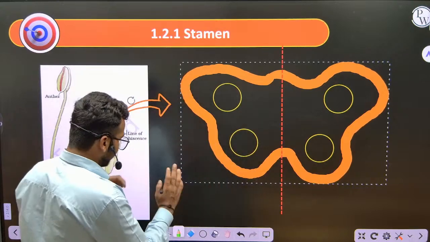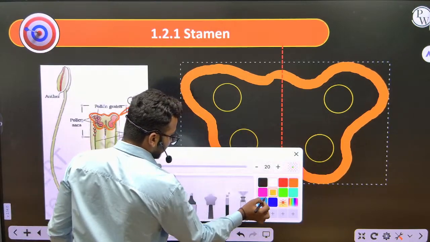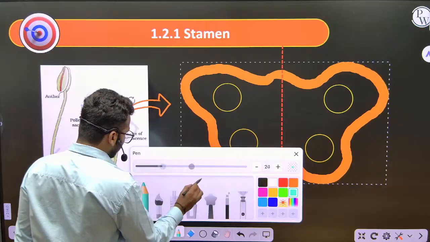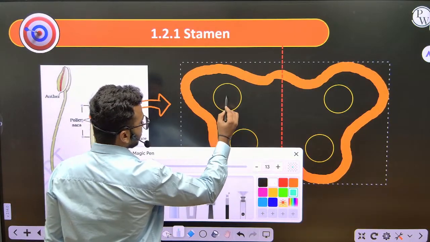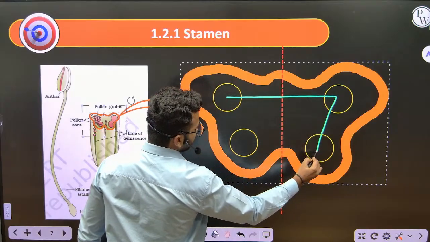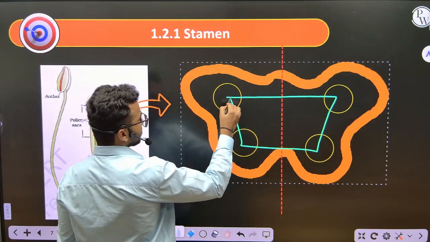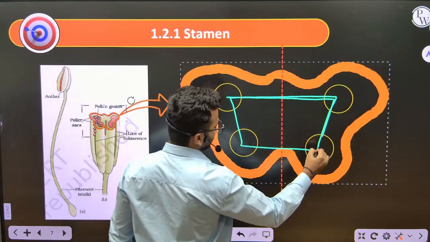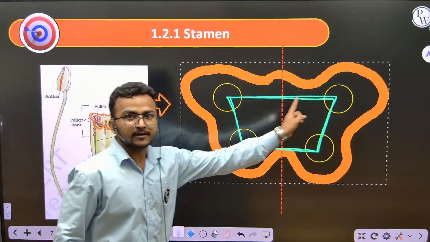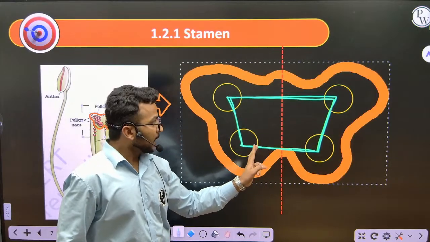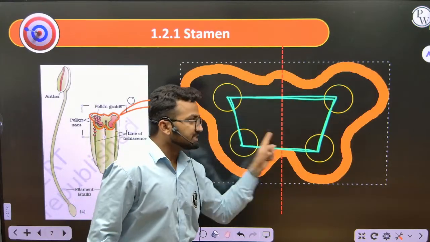If you check here, it is organized in the form of four angles. So it is polygonal. It is having a polygonal structure, and four sporangium are there.